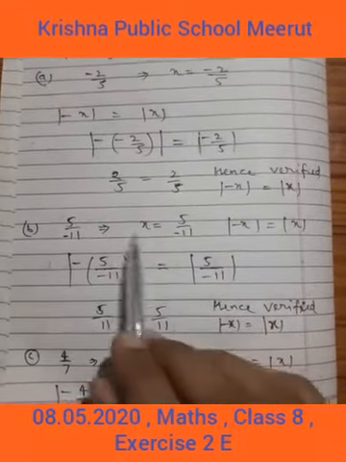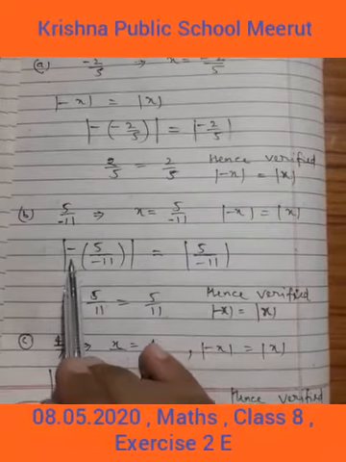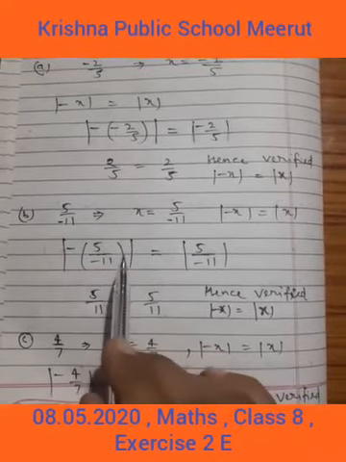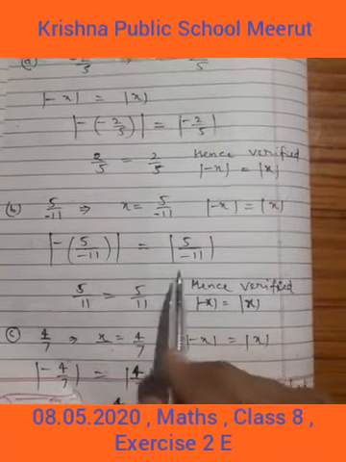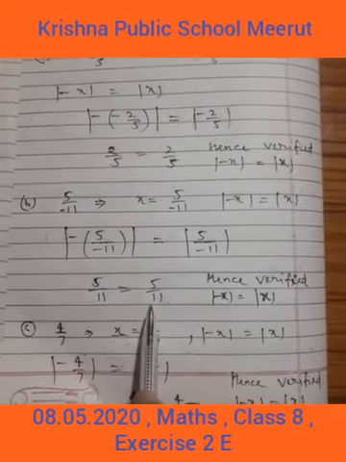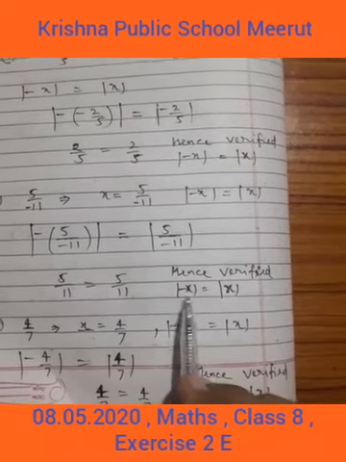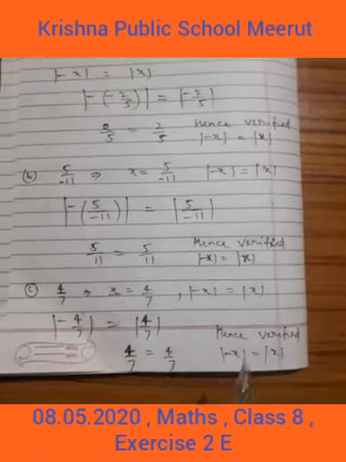So we will put this value in this expression, that is minus bracket 5 upon minus 11 in bracket, that is in vertical lines, is equal to 5 upon minus 11 in vertical lines, and then we will find the value of 5 upon 11 is equal to 5 upon 11. Hence verified minus x in vertical lines is equal to x in vertical lines.